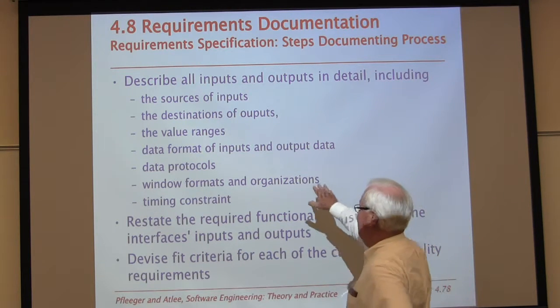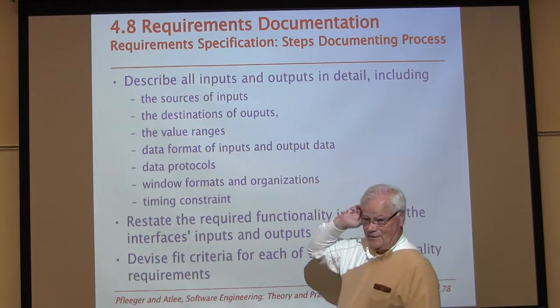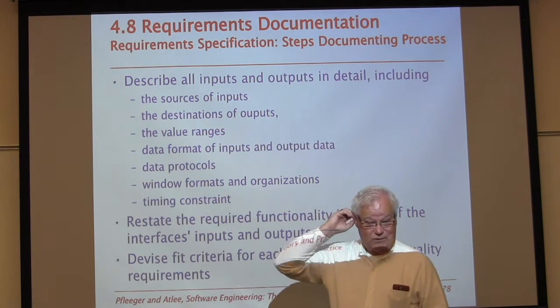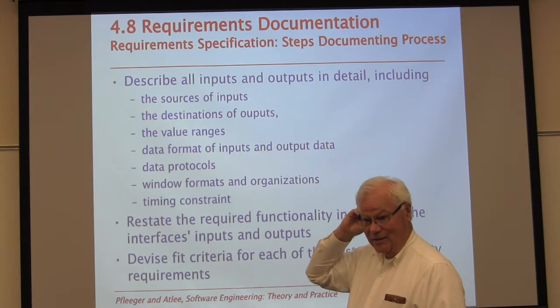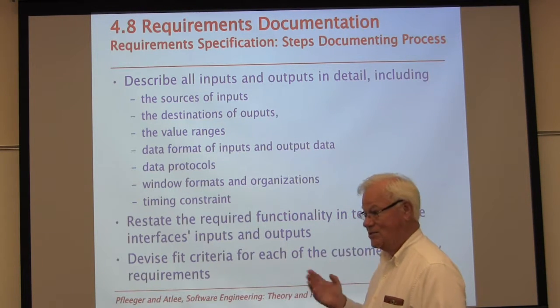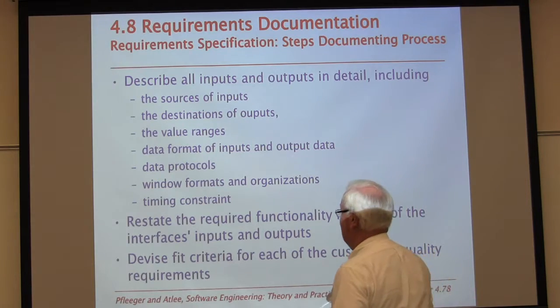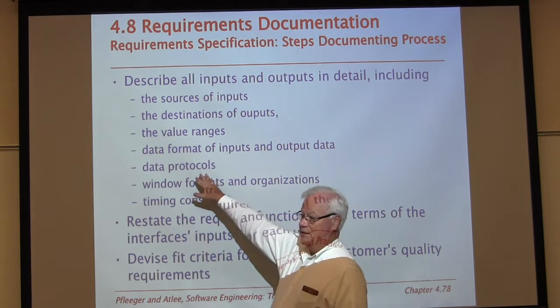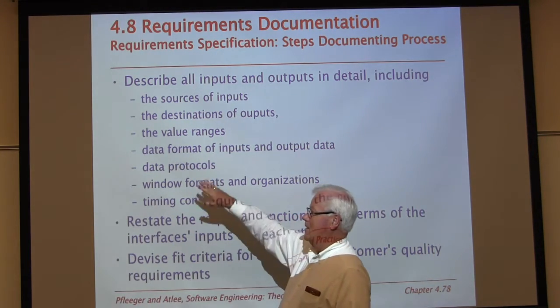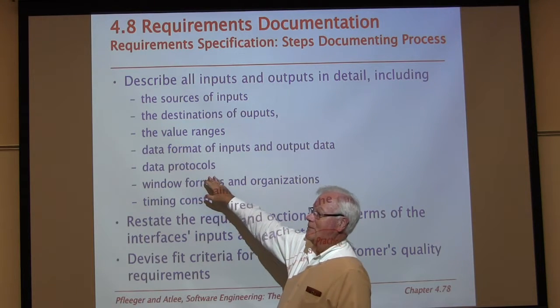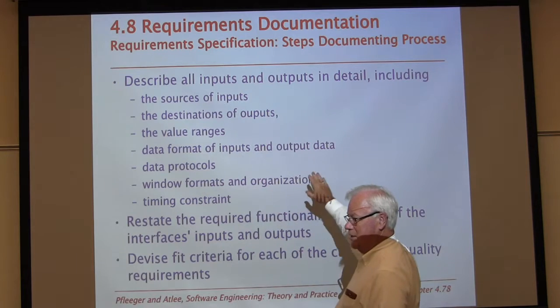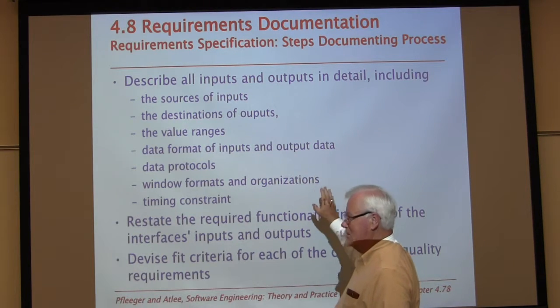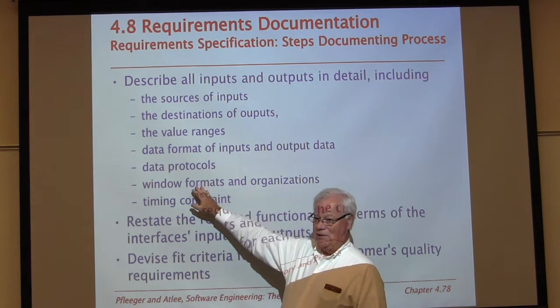What about the data format for inputs and output data? Remember the area on 4, area on 5 problem? The data format? In that case, the units. What about protocols for the data? If we're bringing in data from a DB2 system and putting out data to a Teradata or some other database, there may be data protocols we need to be aware of.